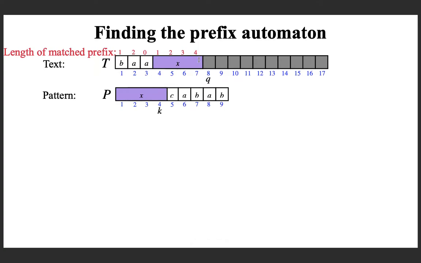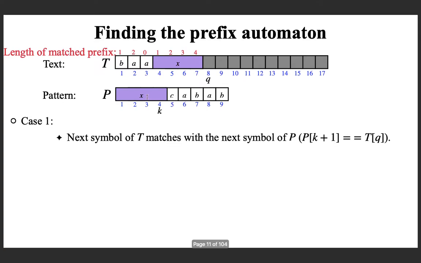This is what we discussed already. Now, when you want to progress from here, there are two different cases. One is when you open the next symbol, it matches with the next symbol in the pattern. That is, the next symbol in T at index q is the same as the next symbol in P, which is at index k plus 1.